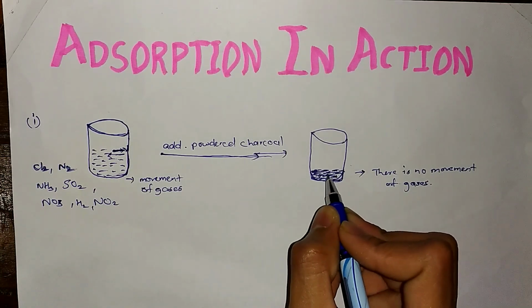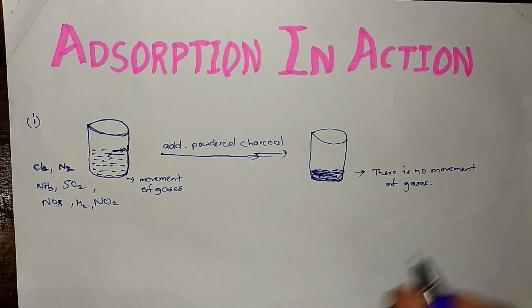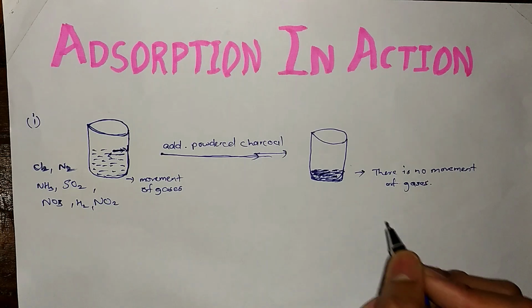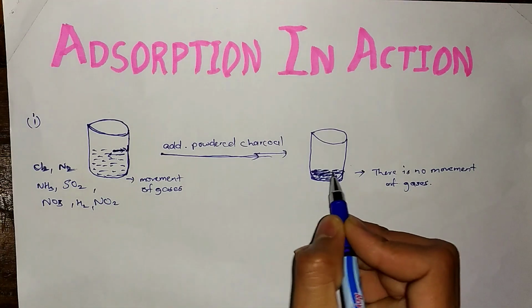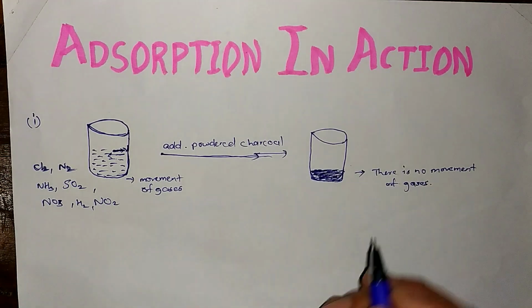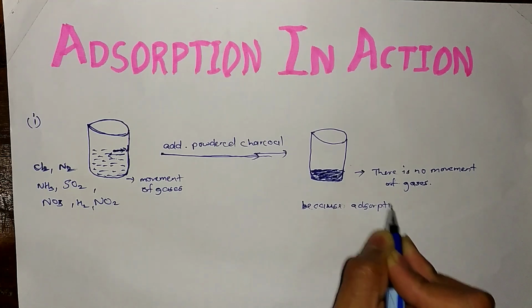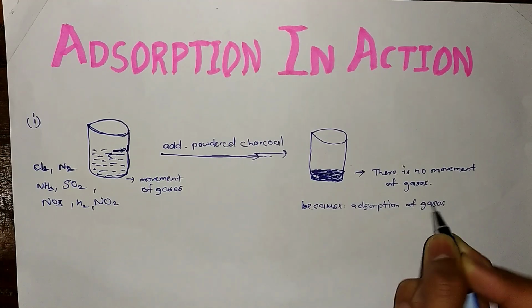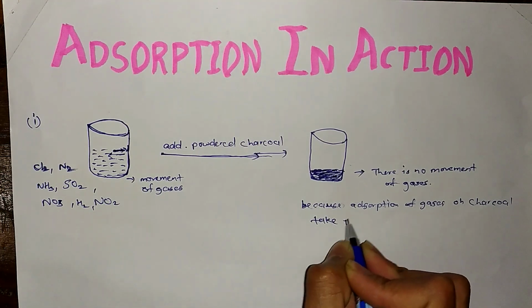But in this beaker, where we add powdered charcoal, the gas becomes adsorbed on the surface of the charcoal, and there is no movement of gas. Why is there no movement? Because the gases are adsorbed on the charcoal.